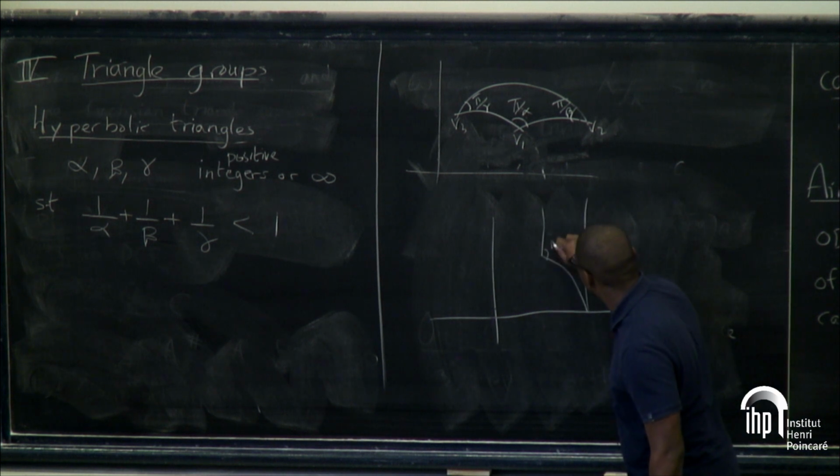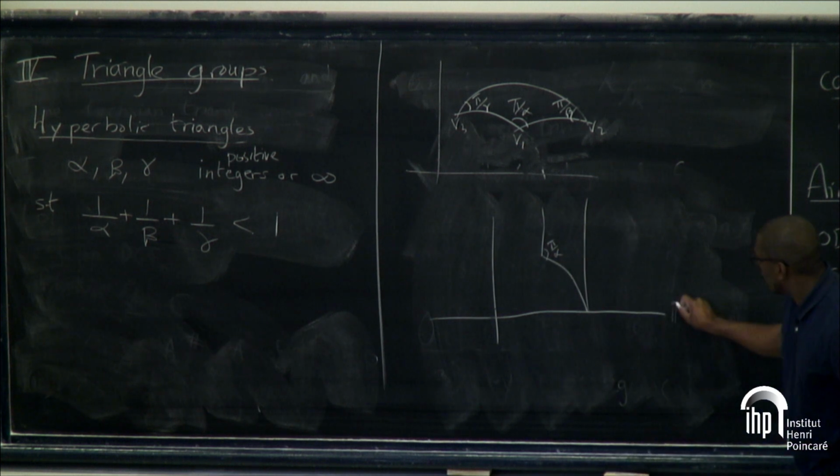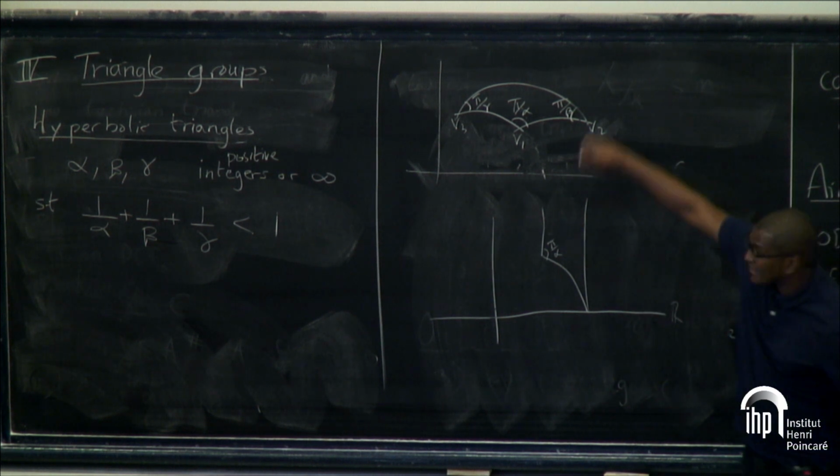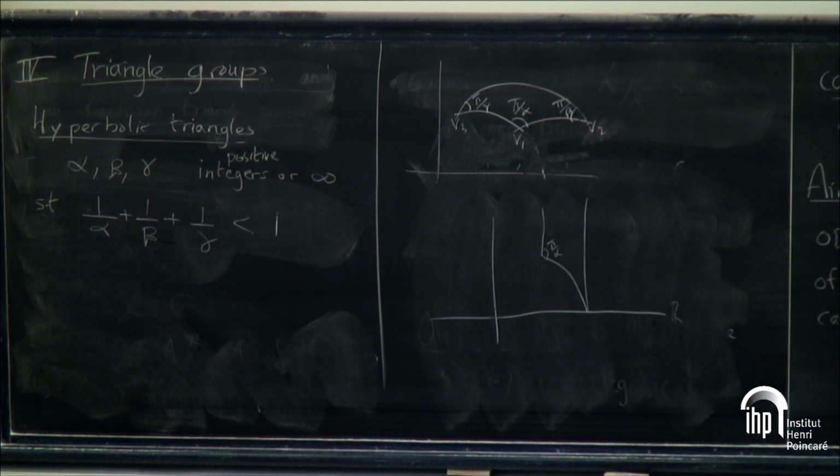So here, let's say pi over alpha. And so either when your vertex is on the real line or at infinity, this is when you have infinity instead of an integer.